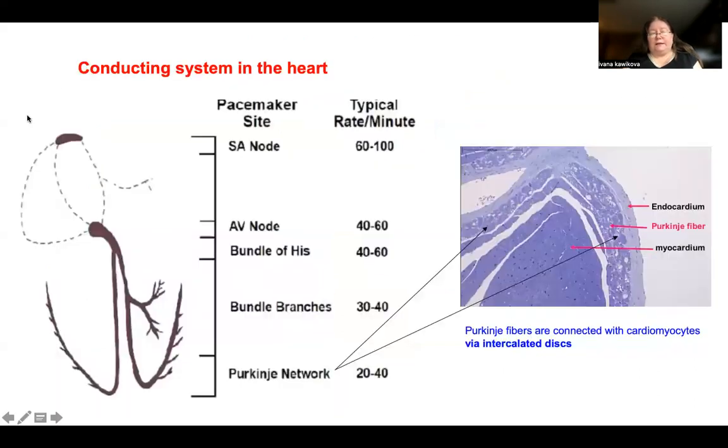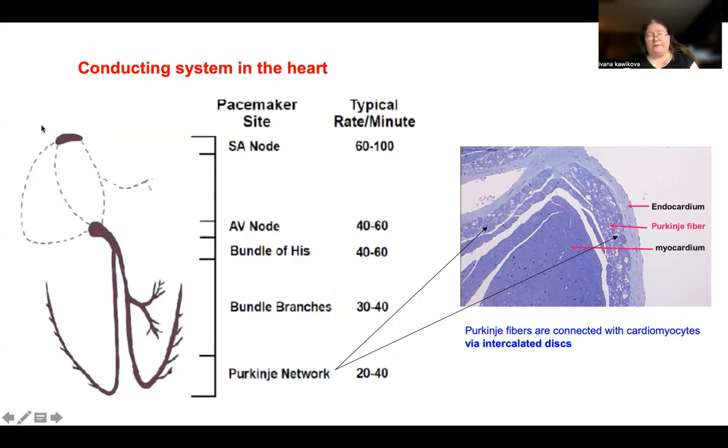Here we see an outline of the conducting system. The sinoatrial node is the key pacemaker in the heart. The signals from the sinoatrial node then travel through the muscle of the atrium to reach the atrioventricular node, which beats at almost half the rate of the SA node.